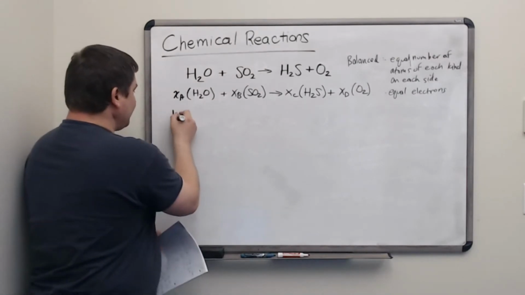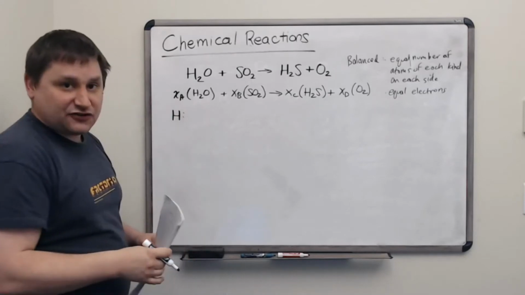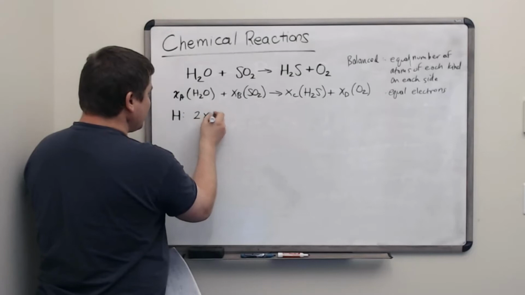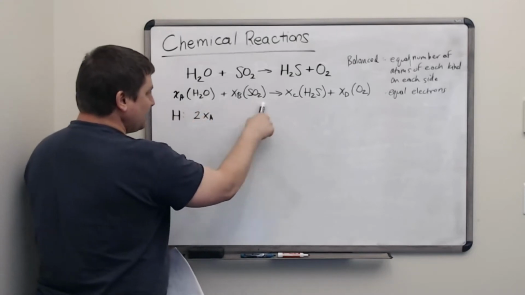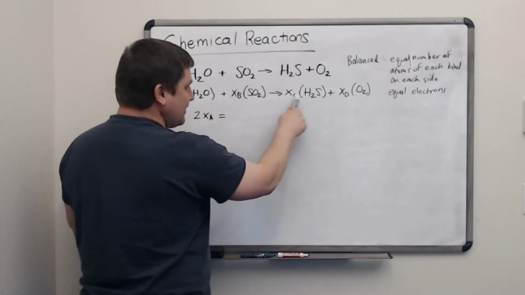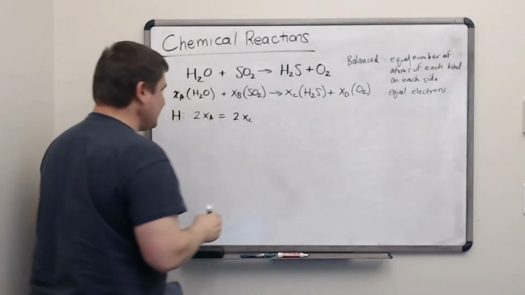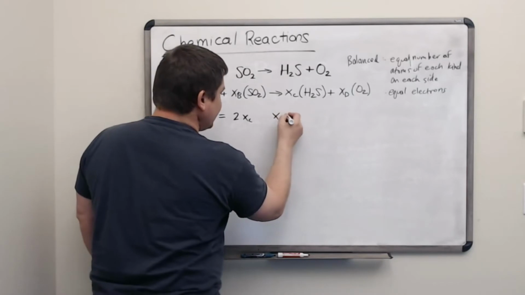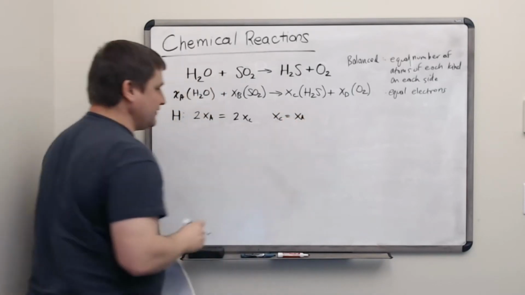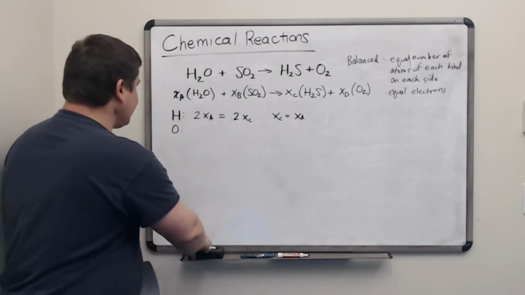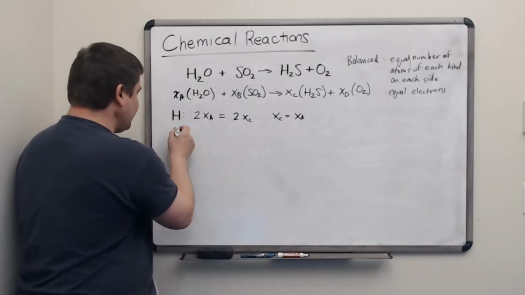So for example, if we look at the hydrogen content of each molecule, on the left we have 2XA coming from the water, we have none from this, and on the right we have 2XC coming from the hydrogen sulfide and none from this. So therefore we conclude that XC must be equal to XA when the equation is balanced. Let's look at the sulfur.